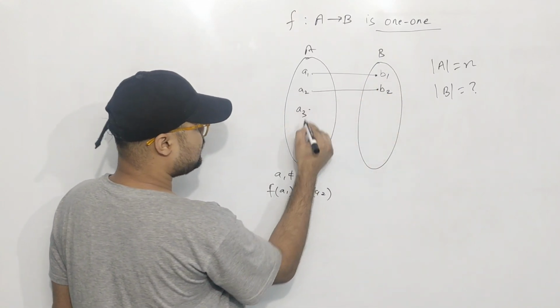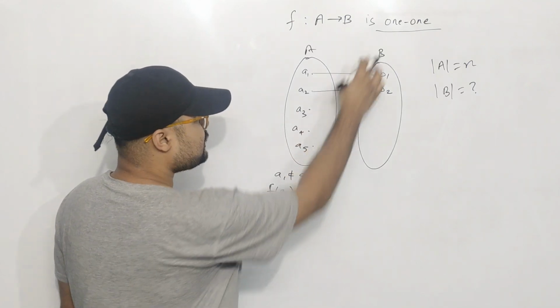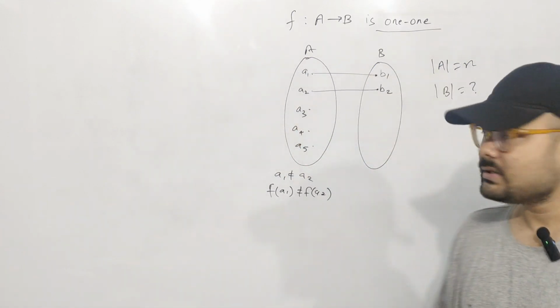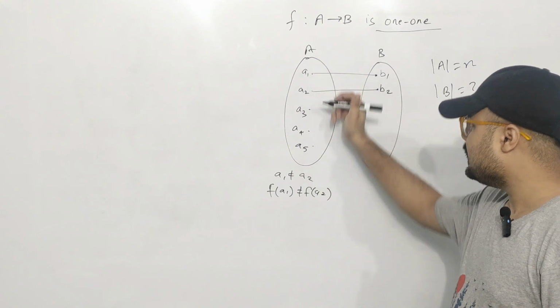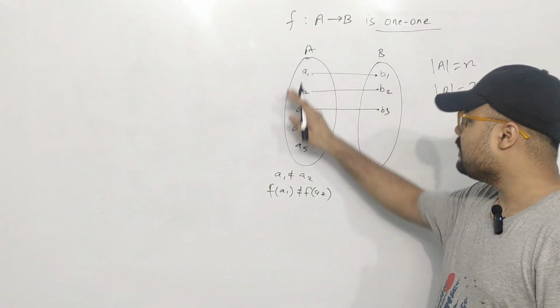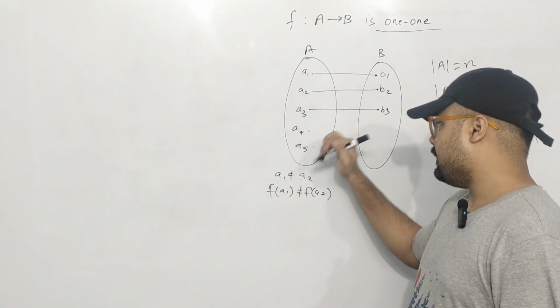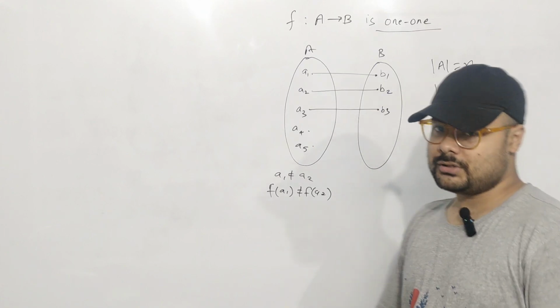So in this manner, the number of elements in B has to be greater than or equal to A. Means for sure, what is the minimum number of elements in B? Every element of A must have an image because A is the domain, and for a function all the elements of the domain have a unique image.